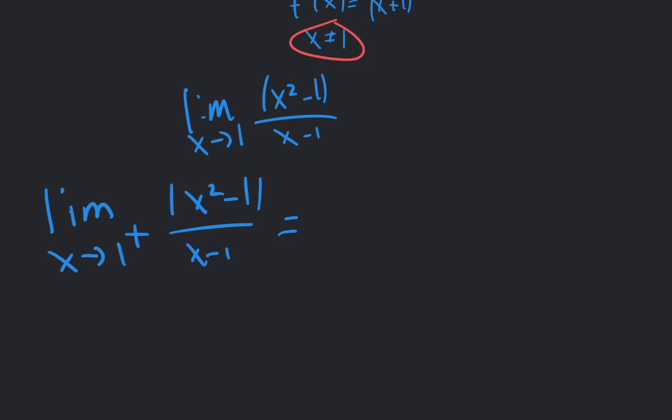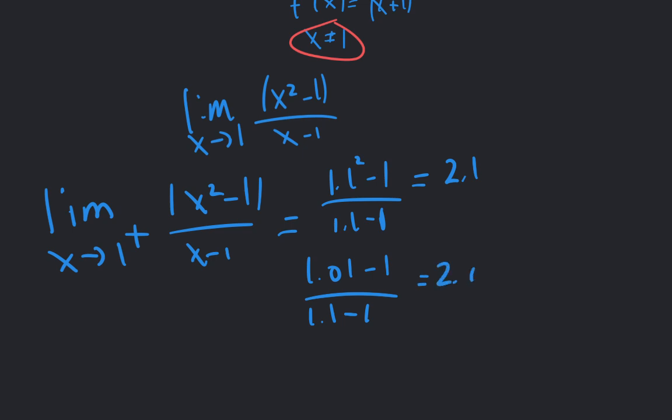We can plug in numbers that are slightly bigger than 1, so 1.1, 1.01, and working that out gives 2.1 and 2.01.